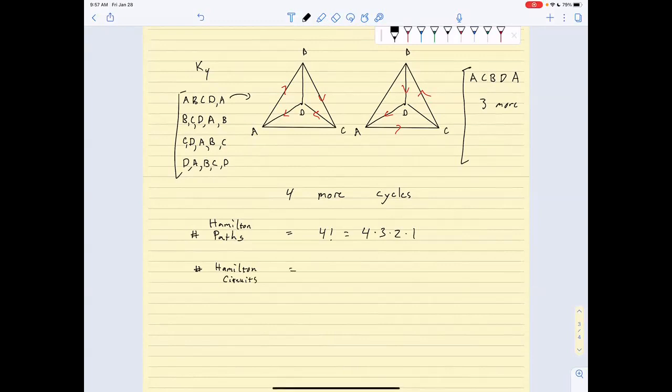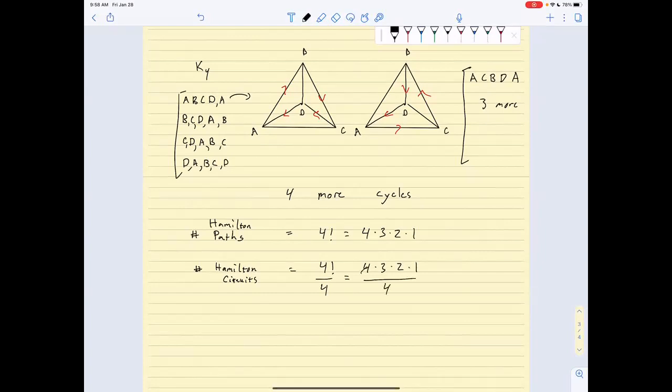Well, we grouped each of these paths together into groups of 4. And so we divided this whole number of paths by 4. So it's 4 factorial divided by 4. Let's just write it out. 4 times 3 times 2 times 1 divided by 4.